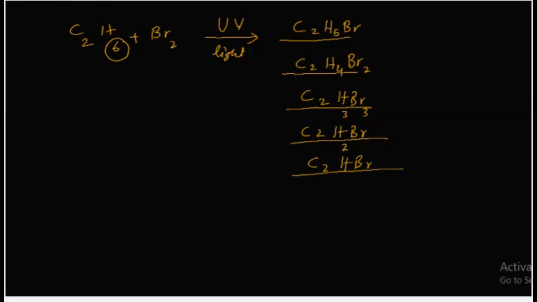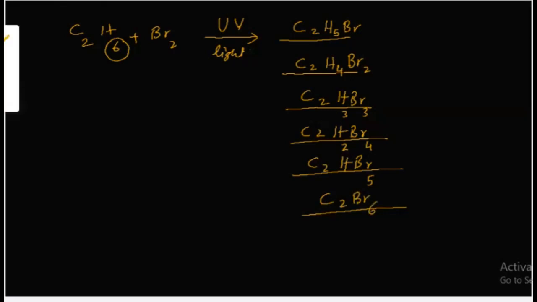Then there are 2 hydrogen, and against 2 hydrogen, there must be 4 bromines. Now, if you have 1 hydrogen, you must have 5 bromine. And ultimately, if all the hydrogen atoms are replaced by bromine, you will get a product like this.